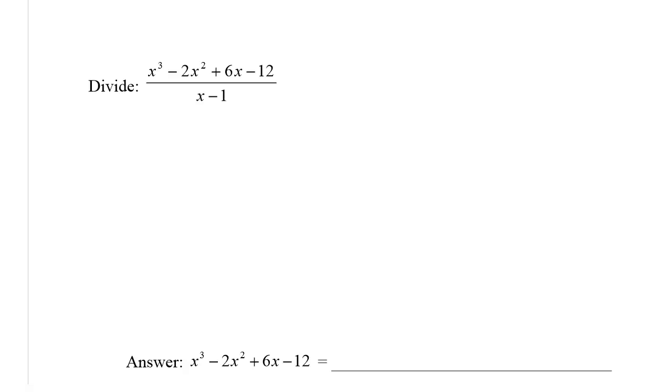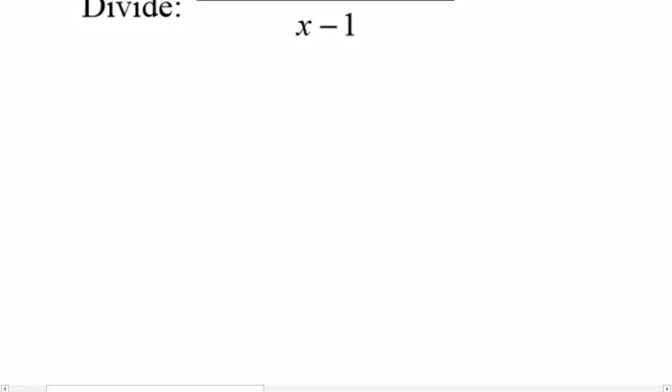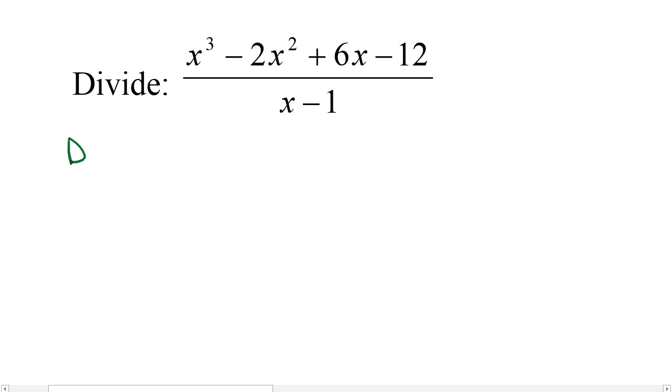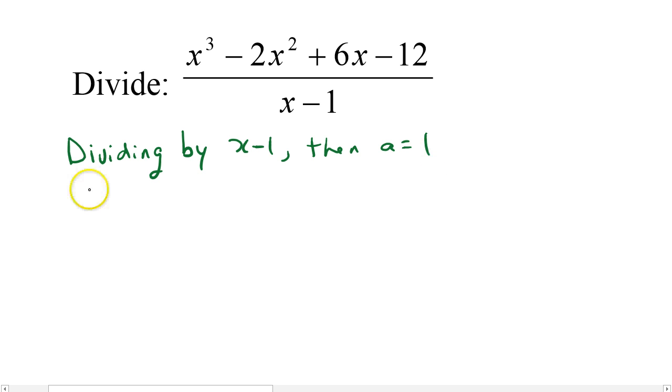Okay, so first of all in this question here, I have to ask, what would be my a value? If it's dividing by x minus 1, then a is going to be equal to 1, right? So think about this x minus a form. So a is going to be equal to 1.